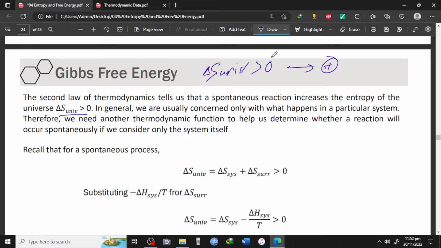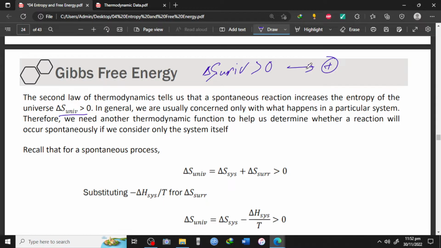Which is, kung matatandaan nyo from our previous lesson, specifically on internal energy, yung focus kasi natin for the calculation of the internal energy and also enthalpy, focus lang siya sa system. So, yun yung gusto nating gawin or yun yung gustong gawin ng mga scientists before. Gusto nila bumalik yung focus natin sa system lang. Yung hindi natin kino-consider si surroundings and of course si universe mismo.